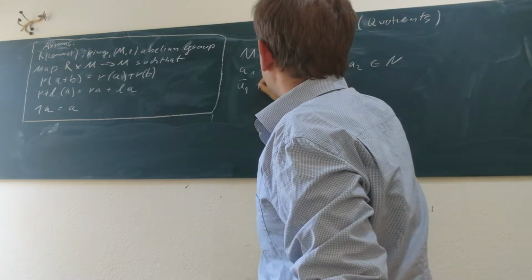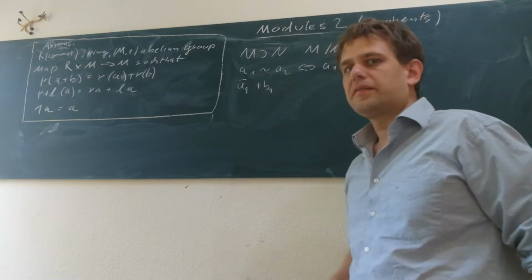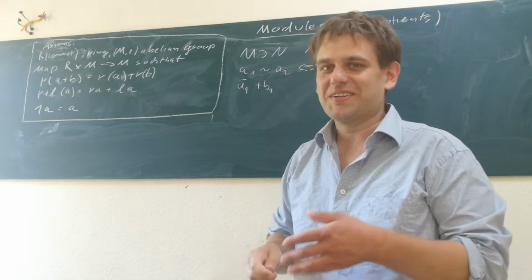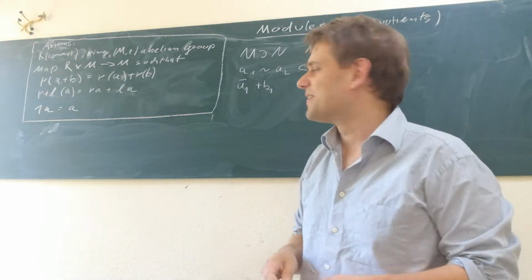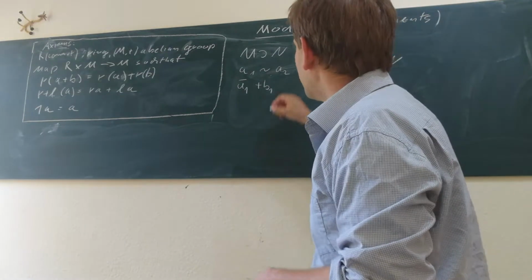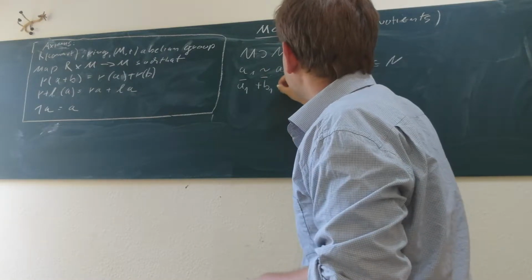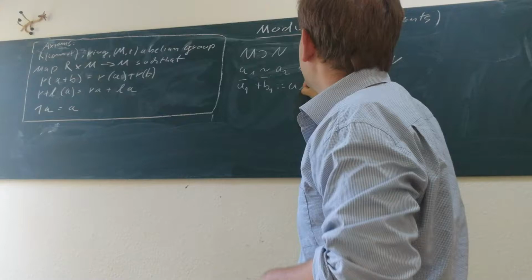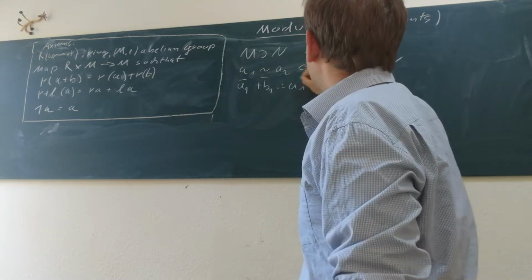So A1 bar plus B1 bar, I'm now going to remind you what the addition operation on this quotient group was, is simply defined by A1 plus B1 bar.